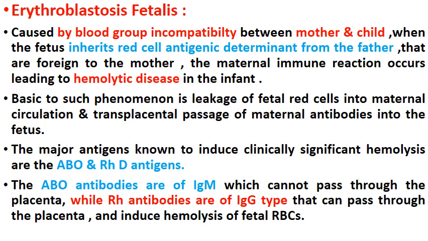This is another type of hemolytic anemia that occurs in the fetus. It is erythroblastosis fetalis. What is erythroblastosis fetalis? When the blood group of the mother is mismatched or incompatible with that of the baby, it will lead to the hemolysis of red blood cells, subsequently developing erythroblastosis fetalis.